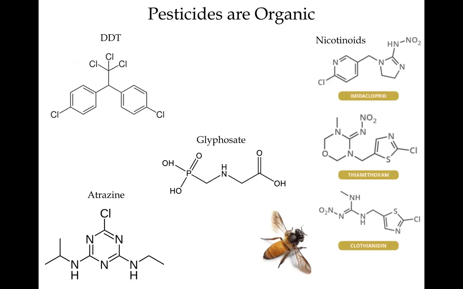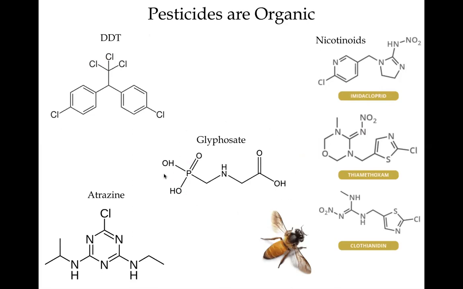By the definition of having hydrogens and carbons, or hydrocarbons, they are categorically organic. So DDT and atrazine, really, really harsh, nasty pesticides here. Those are organic molecules.